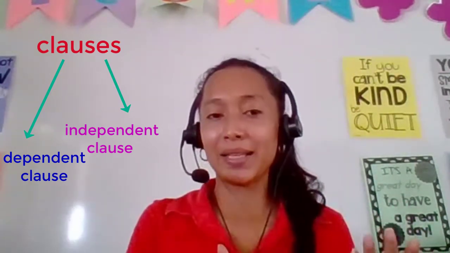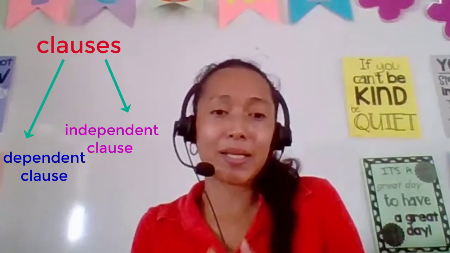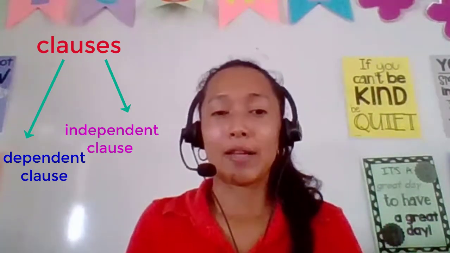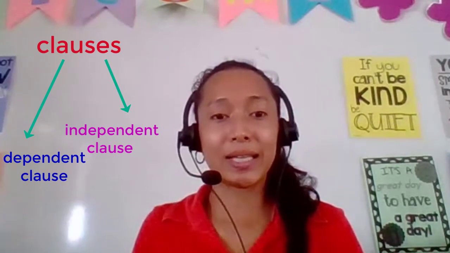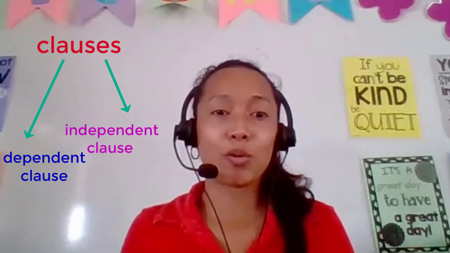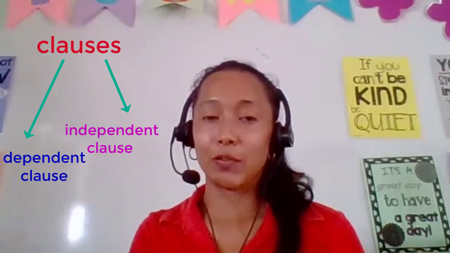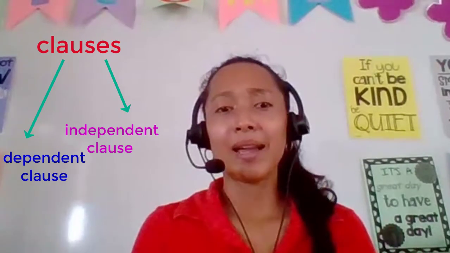We said the dependents are the ones that are like children because they depend on somebody. They cannot stand alone. They cannot survive alone. And then we looked at the independent clauses, and we said independent clauses can stand alone. They're an adult version, basically, of a group of words. And understanding that now will help us understand the types of sentences.